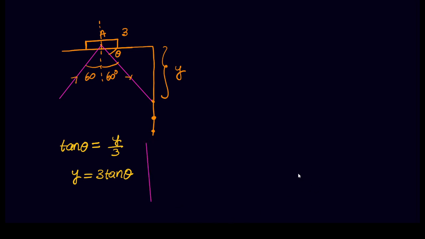Now from this, we differentiate: dy by dt is equal to 3 into sec squared theta into d theta by dt. What is d theta by dt? It is the angle of rotation of the reflected ray.